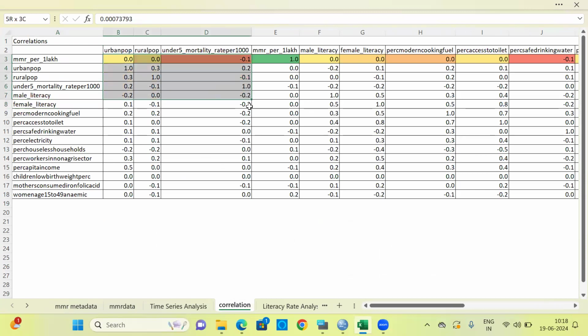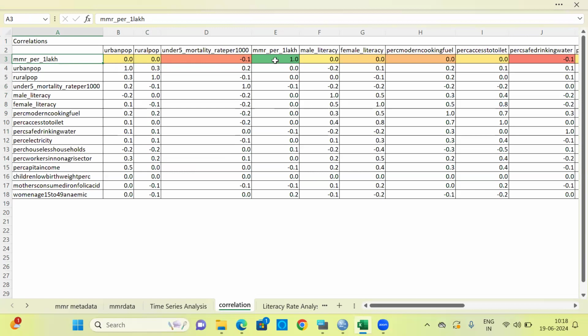The numbers that you're seeing here are the correlation coefficients. Along the column, the same variables are repeating. Since the variable of interest here is maternal mortality rate per 1 lakh, I have color coded only the first row. As you can see, there are 3 shades.